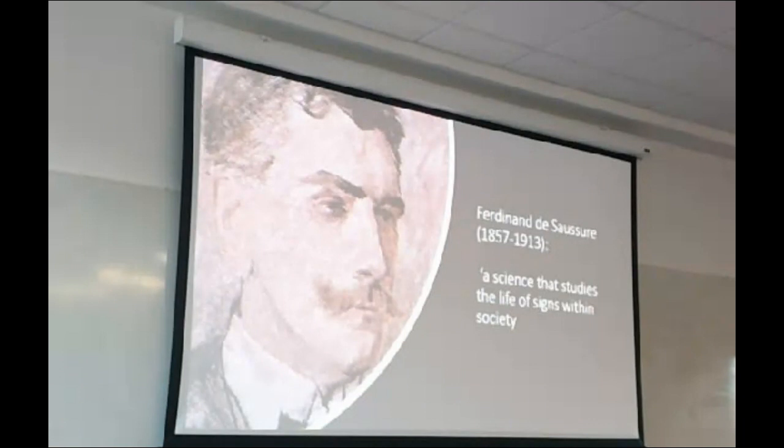For de Saussure, signs are everywhere. Everything around us is a sign, and we understand those signs as part of a shared community of what he calls language users. Language doesn't mean just words and sounds at this point. Language also means visual communication as well.